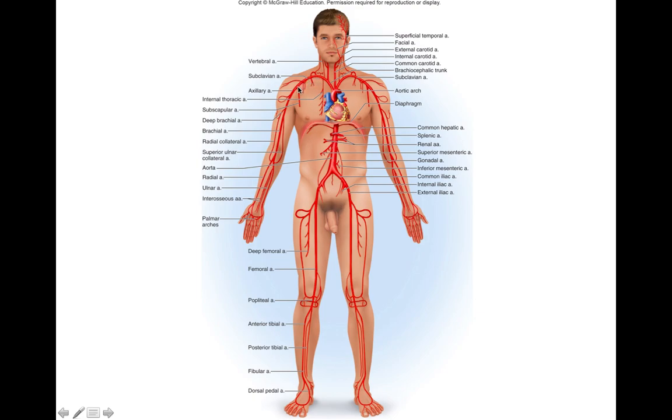Subclavian continues down into the armpit area to be named the axillary artery, and as you follow it down into the arm area, it is renamed the brachial artery, and then it will split down here into the radial and ulnar artery, and then finally down here into your superficial and deep palmar arches.